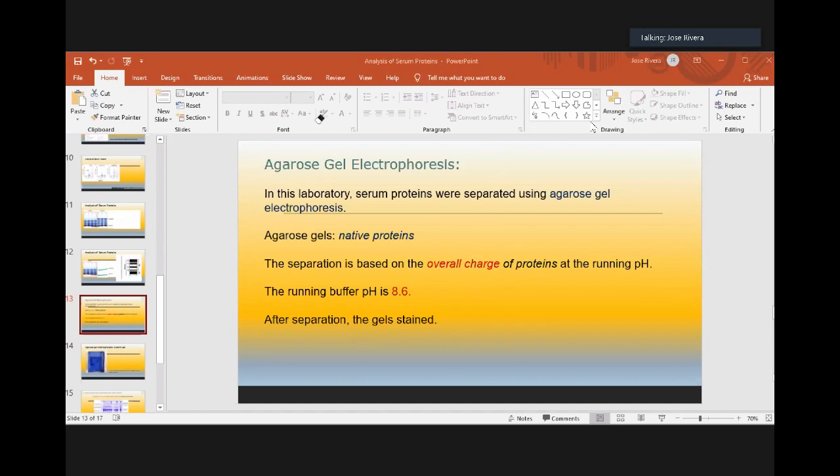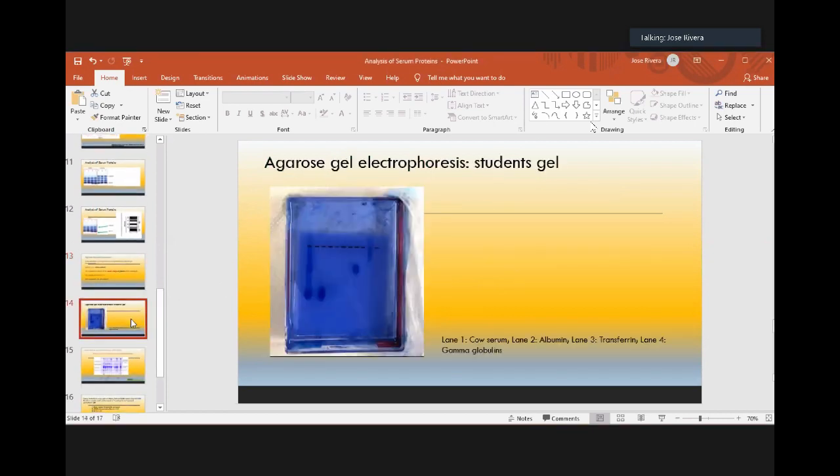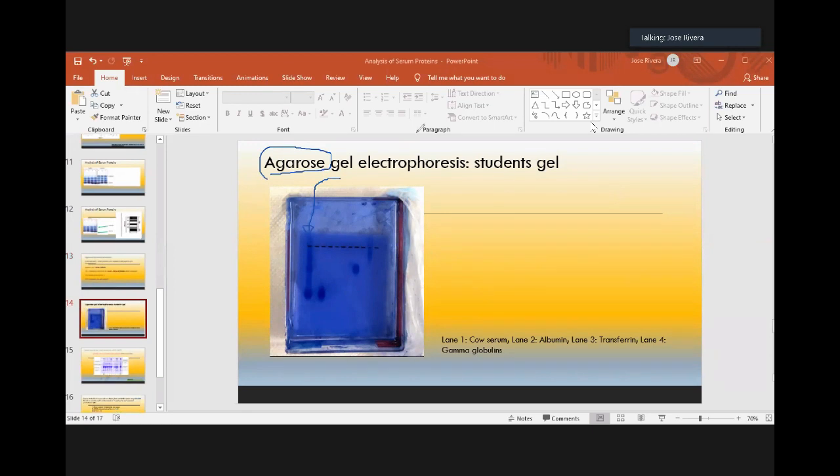And so what I'm going to show you next is a gel from a group from last year or the year before. Okay, so what you have here is the agarose gel, and this is the serum that they loaded here.